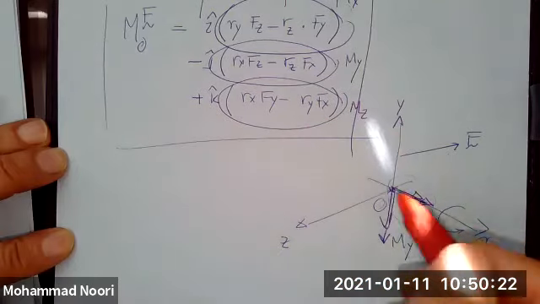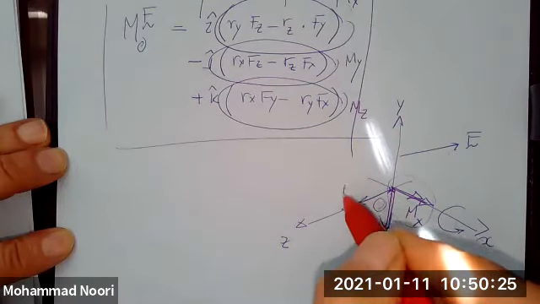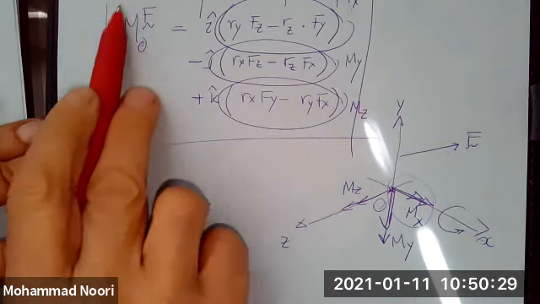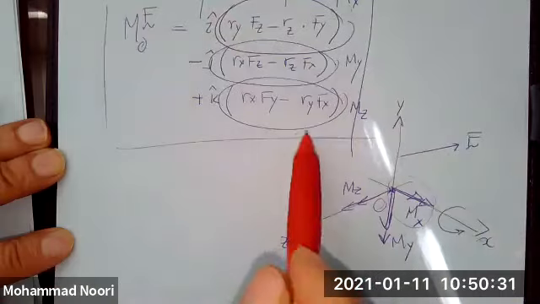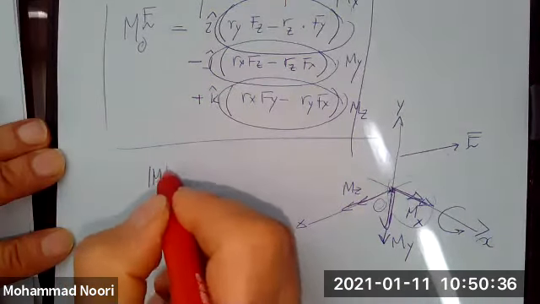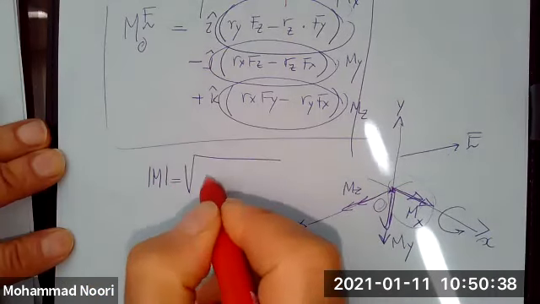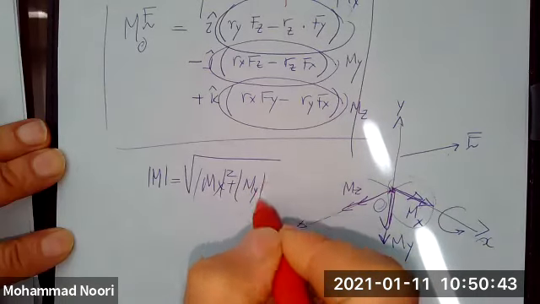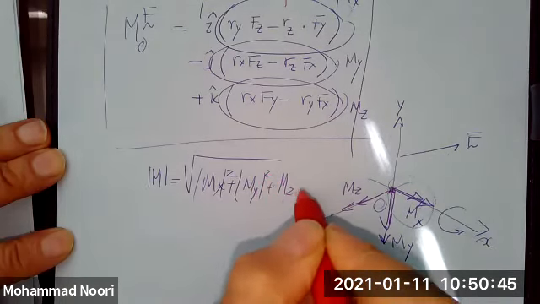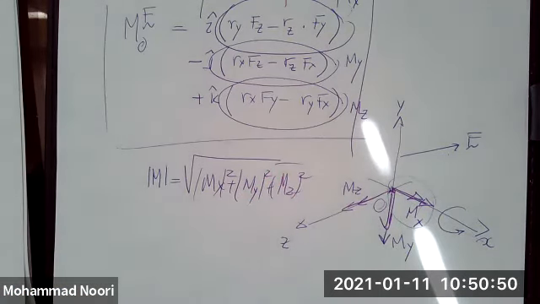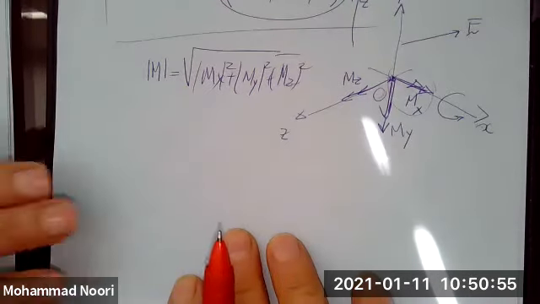And if this is positive, it would be a double-headed arrow in this direction. The point is that the outcome of this operation is a vector, and these are its components. Therefore, the magnitude of that moment can be found by the square root of the sum of the squares of the components. Okay? So this is the moment about a point.